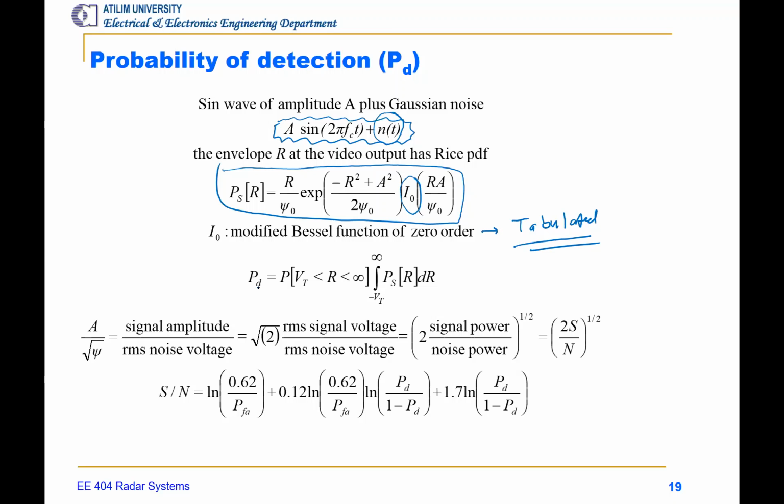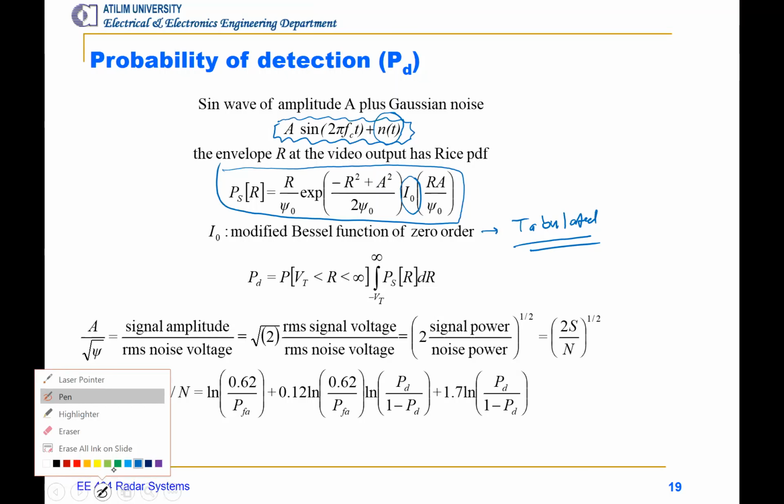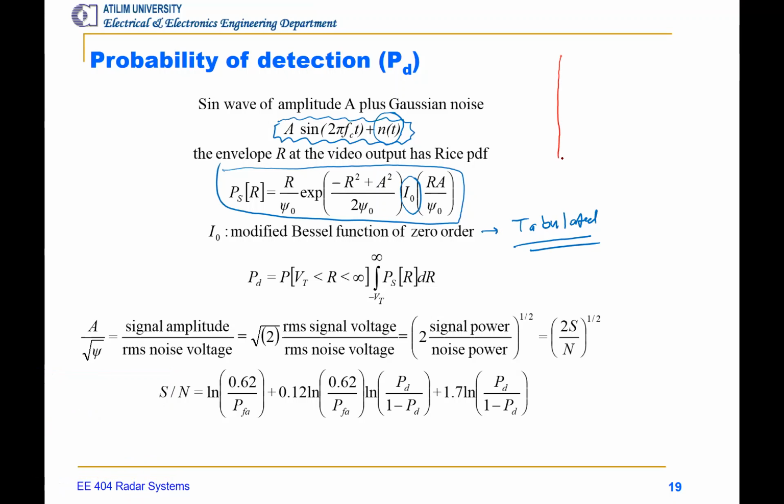So, probability of detection, as we have shown in previous slides: if we got a function, let's say R, the envelope of the signal, let's say this is voltage, or R simply, the random variable. If we got a PDF just like this, then we can determine the probability of this area.